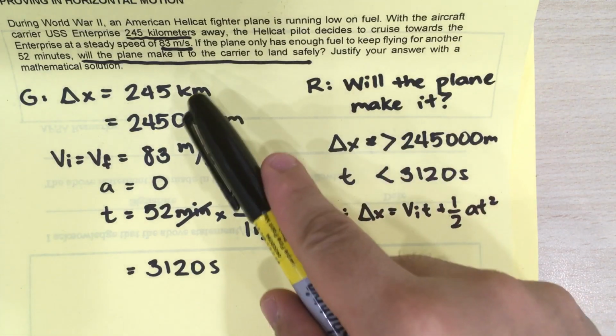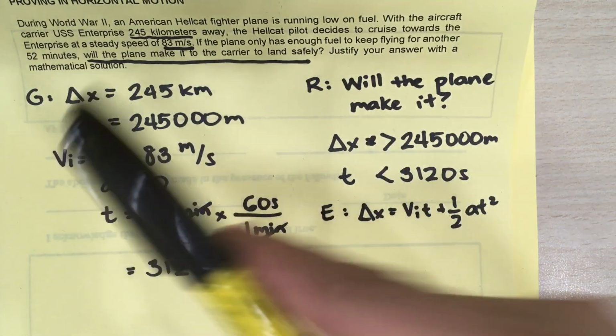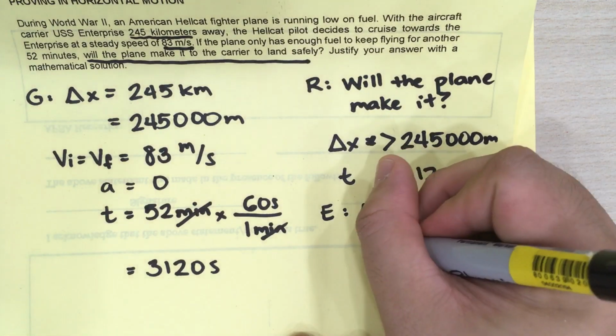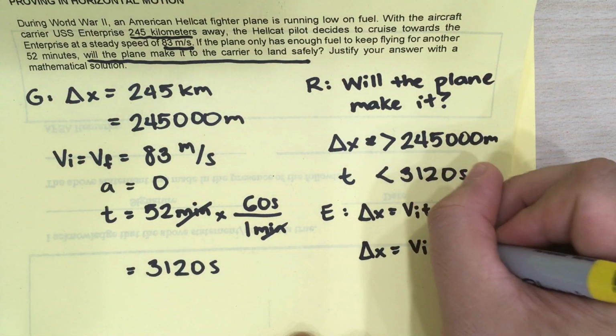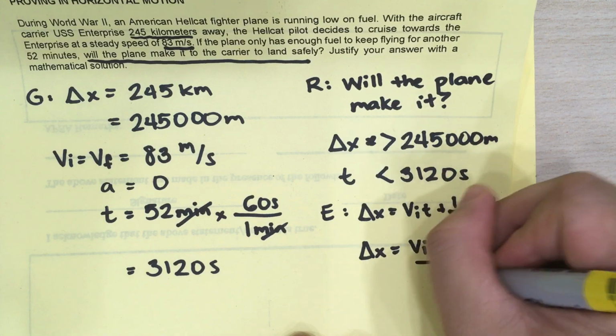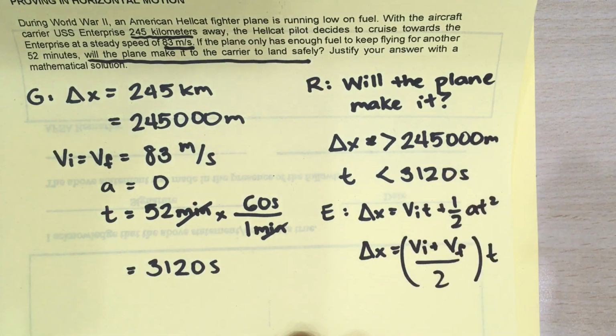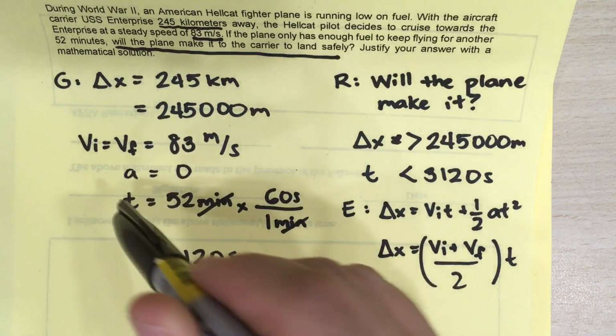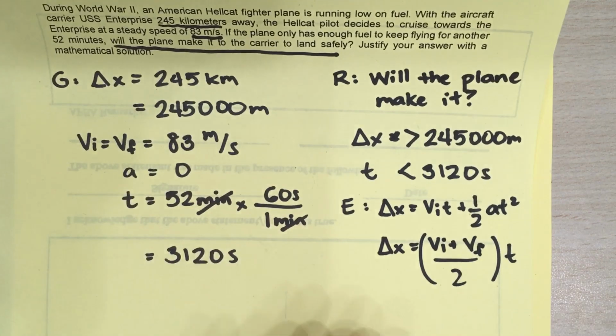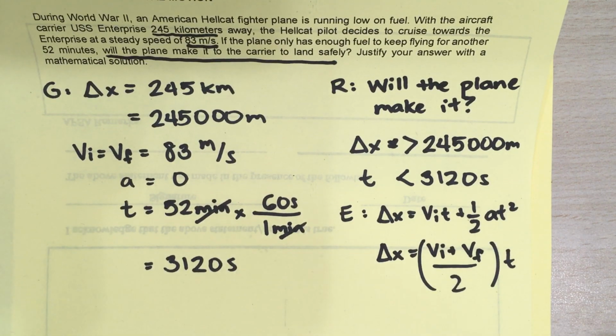Okay, because we're given delta x, we're given A, we're given VI, and we're given T. But we can also use the other area equation, which is VI plus VF over 2 multiplied by T. Why can we use this? Because we know VI, we know VF, we know time, we're looking for delta x, we can definitely use this. So these are two approaches that we can do.